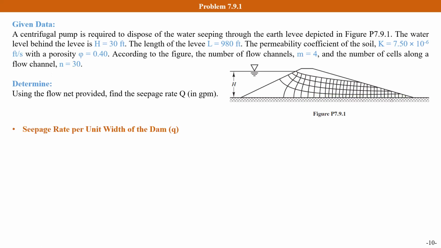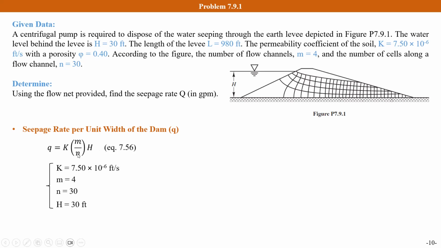Then we can calculate the seepage rate per unit width of the dam, the small q, by applying equation 7.56. The values of K and H are given, and we just counted the numbers M and N. Therefore, we can get the seepage rate per unit width of the dam as 3 times 10 to the power of -5 cubic feet per second per foot.